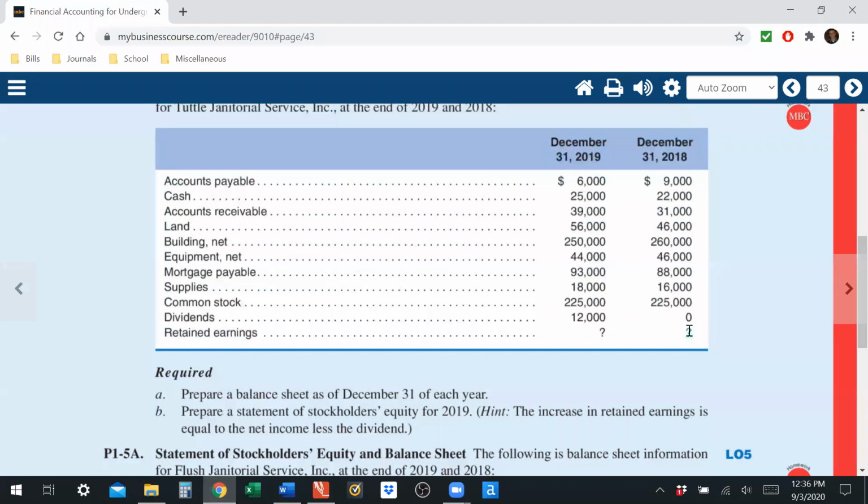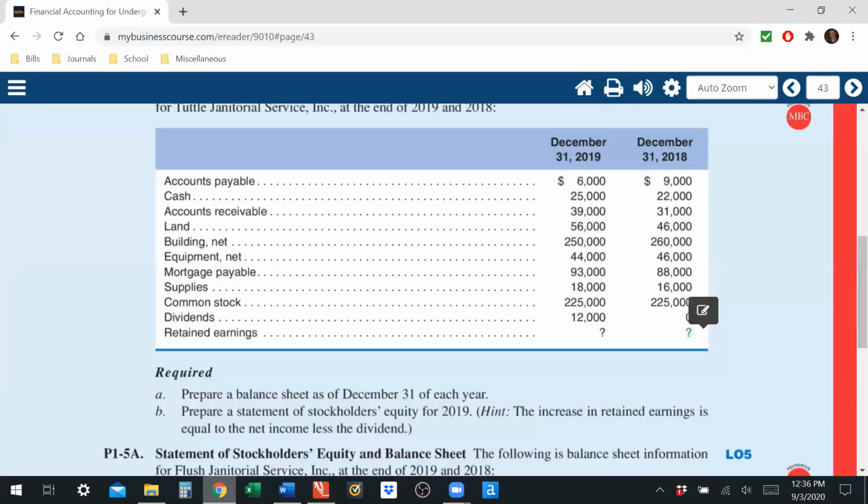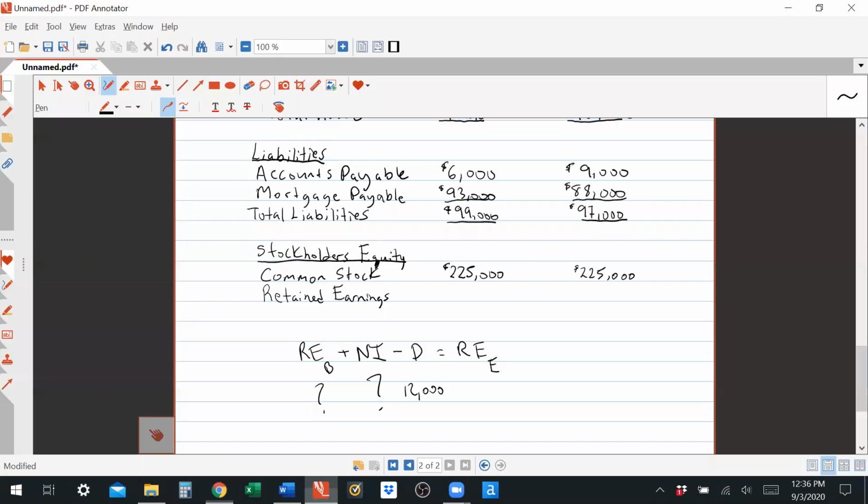It's the retained earnings at the end of 2018, which we don't know. Net income for 2019, we aren't given. Dividends for 2019, it said was $12,000. And the retained earnings at the end of 2019 is this number right here, which we don't know. So we have one equation. It has 4 unknowns, and they've only given us one of them.